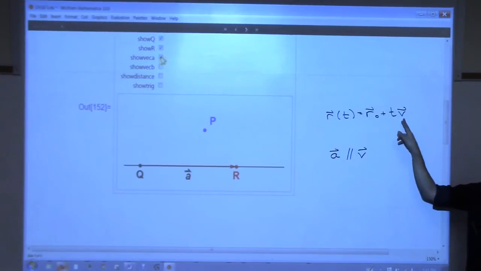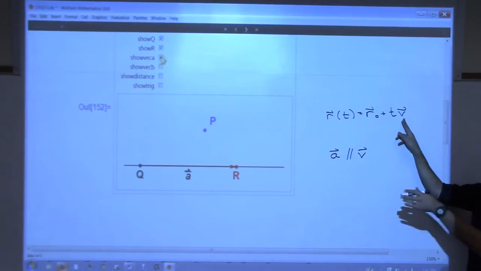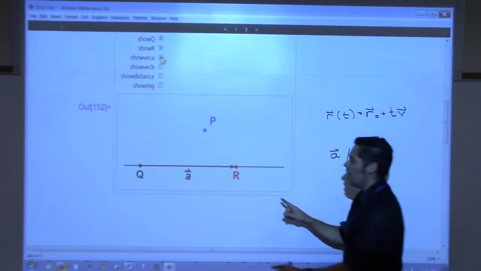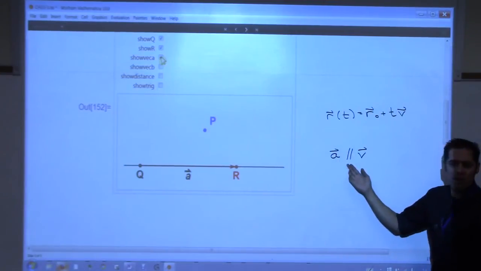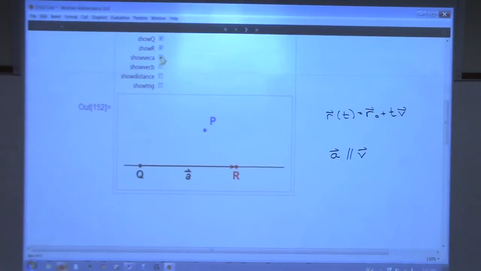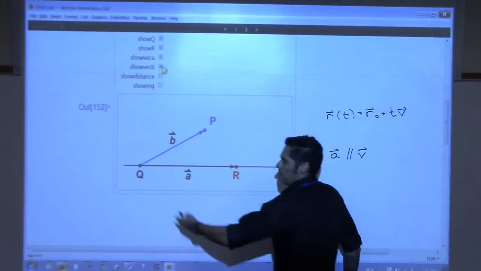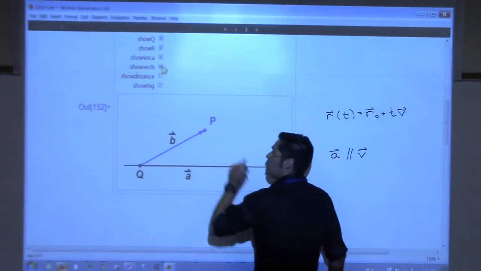V is any direction vector, right? Pointing in the same direction as the line. So if I create a vector that goes from 2 points on the line, that vector A has got to be parallel to V. Okay, just keep that in mind. Now what I'm going to do is create another vector, which I will call B. That vector connects some arbitrary point on the line to the point that we're interested in.